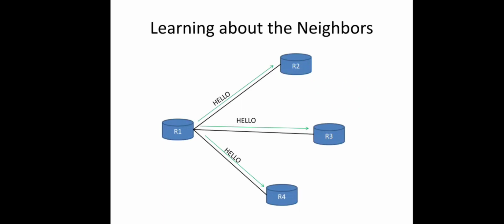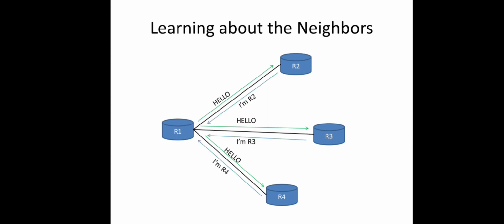First one is learning about the neighbors. So when a router is booted, its first task is to learn about who all are its neighbors. And this is done by using a packet called hello packet. Suppose R1 is to find its neighbors. R1 will send a hello packet to every point-to-point line. So here 3 different neighbors are there, which are connected using point-to-point line to this R1.